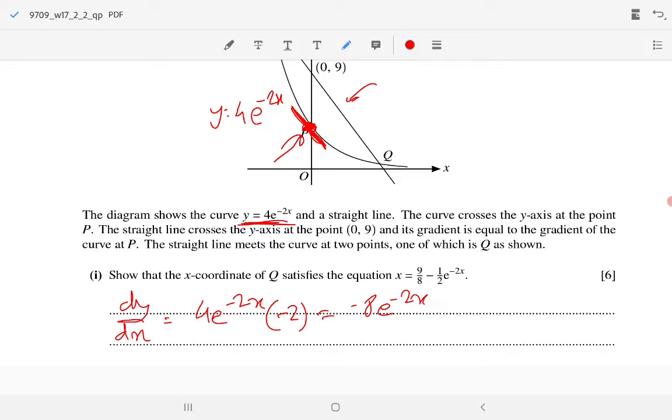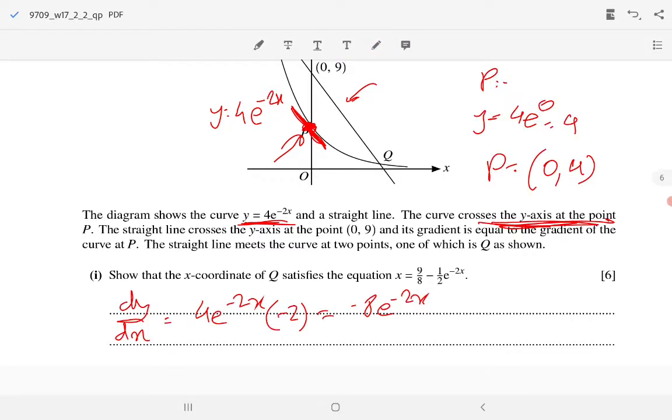We know that point P is the y-intercept of the curve. So at this point x is 0, so y equals 4e raised to 0, which is 4. So P has coordinates (0, 4).